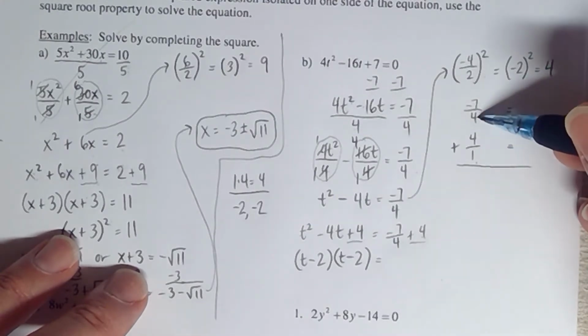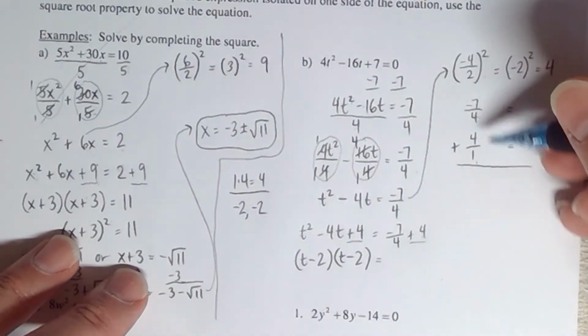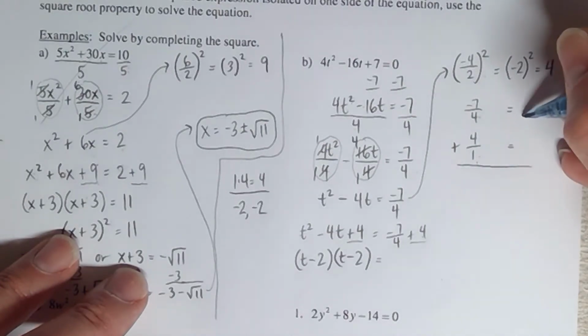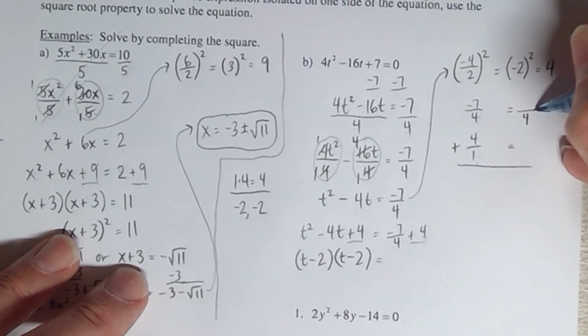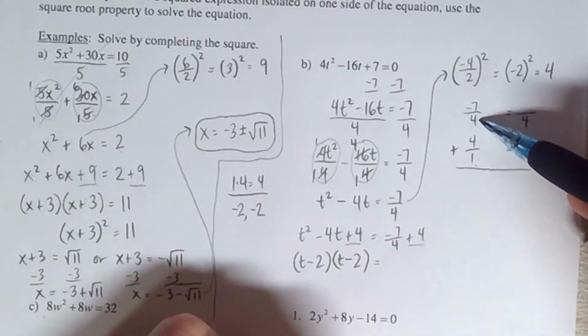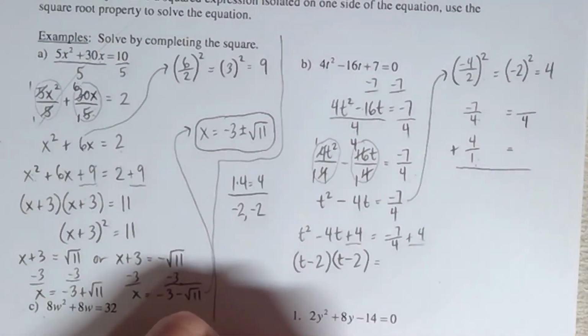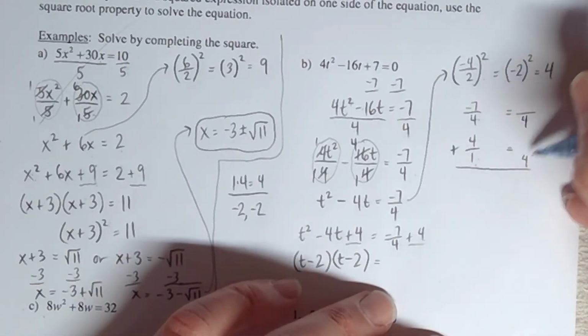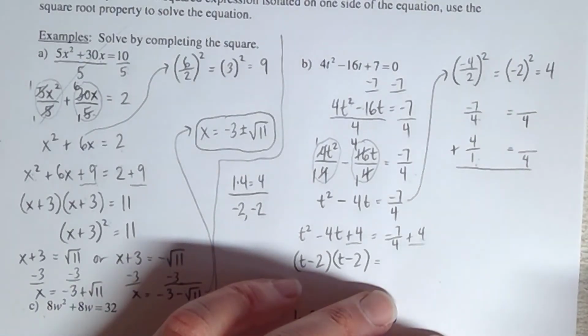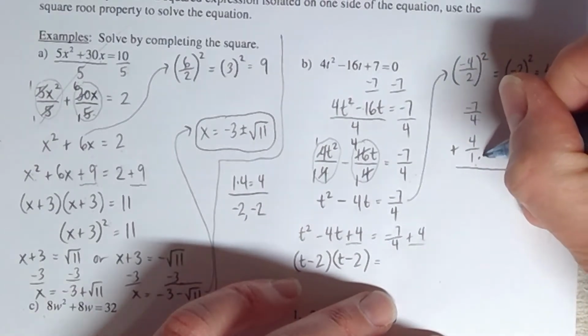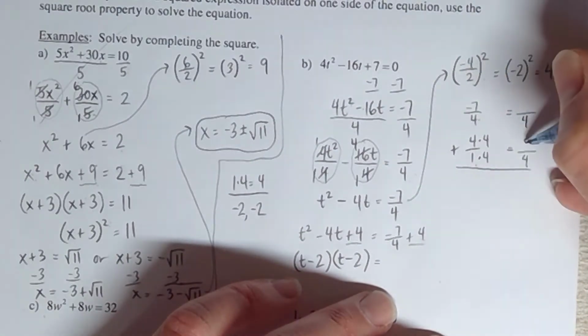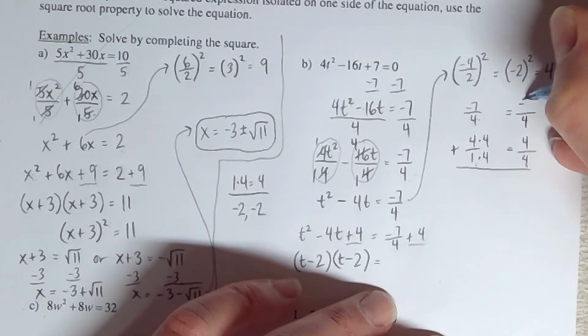Whenever one of your denominators is something and the other one is just 1, that means the LCD is equal to the other number, 4. So if you've got 4 and 1, the LCD would be 4. So what do I have to do to make it the same? I have to multiply this one by 4, right? The other one's just going to stay the same, isn't it?